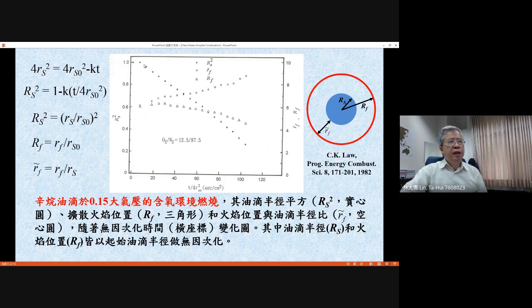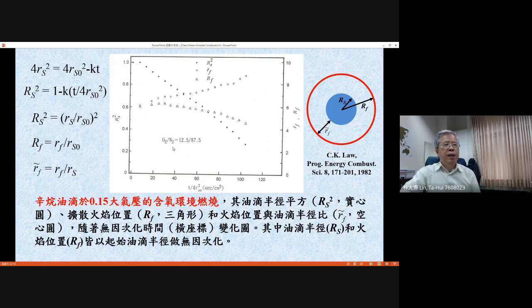You can see there is a linear curve, completely the same as the prediction from the d square law. Additionally, the first two dots represent the value R square equal to 1, meaning the droplet size has almost no change. This time actually refers to the so-called droplet preheating in this case.